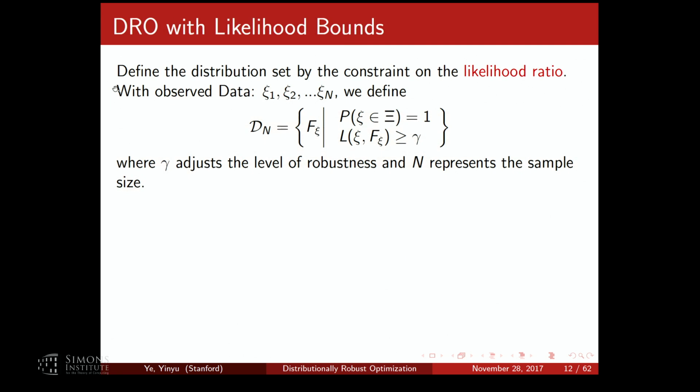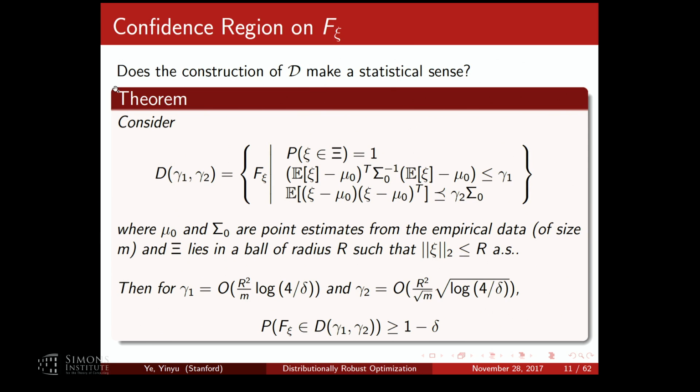So this is the so-called confidence interval. It's tractable. We also tested it on many portfolios, and the experiments seem to perform reasonably well. So this is one way to use moment information to construct the D.